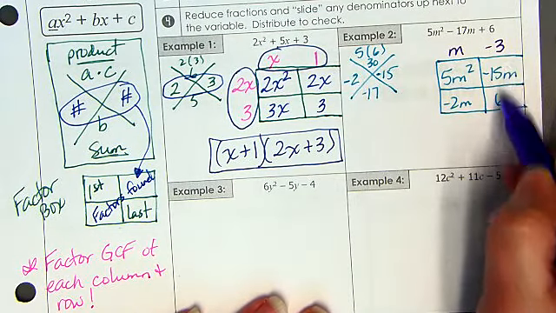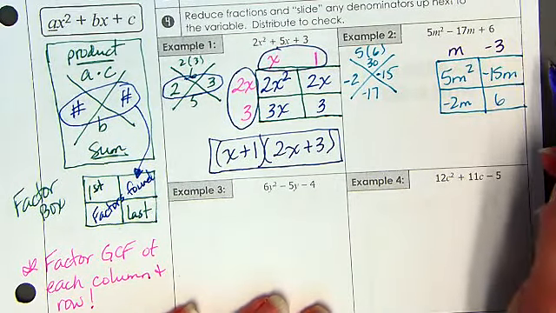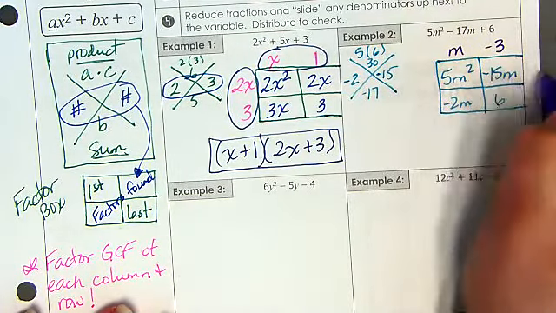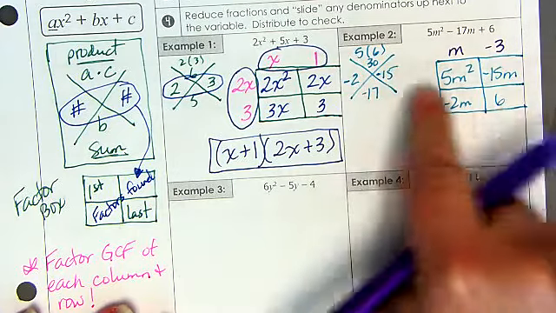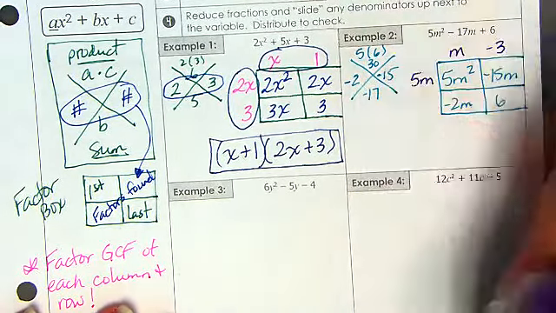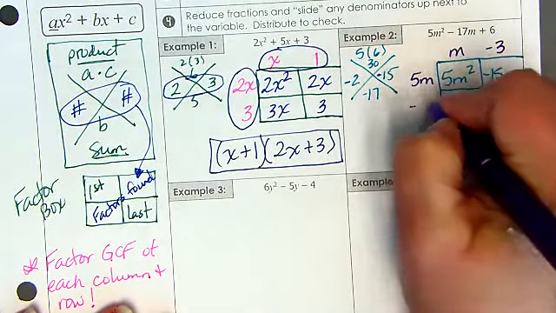Because if one of them's negative, I remember we've got to be able to multiply it back. I'm going to show you that. I didn't show you on this other one. So 5m squared. Always for the first term, we want it to be positive. So this is going to be 5m. Here is going to be -2.